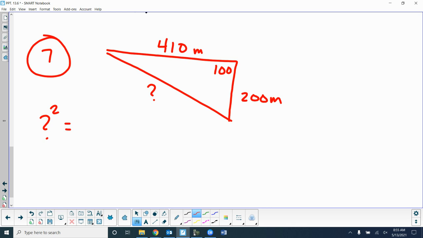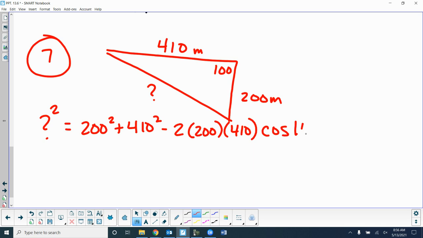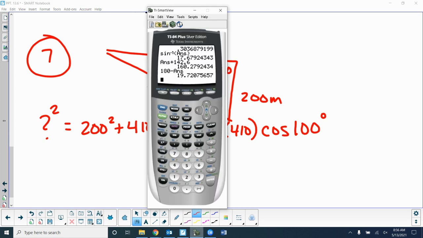Question mark squared equals 200 squared plus 410 squared minus 2 times 200 times 410 times the cosine of 100. So that's the one that you can put all in your calculator.